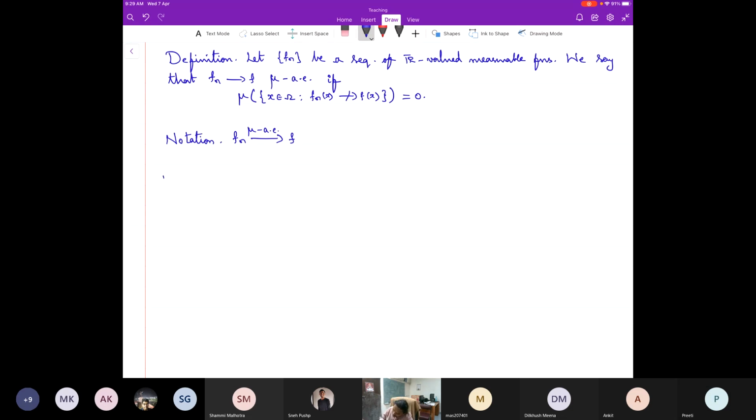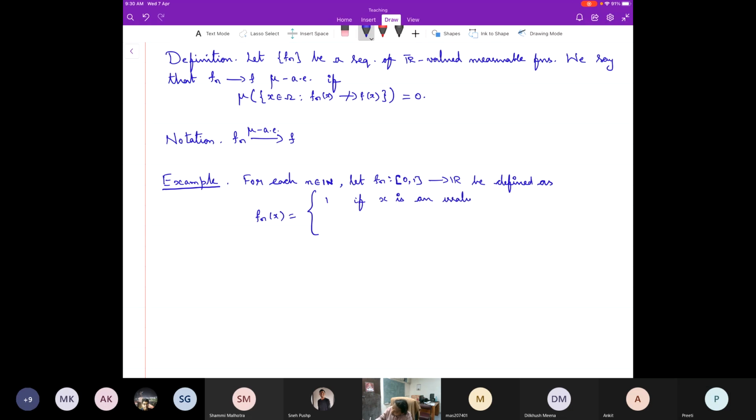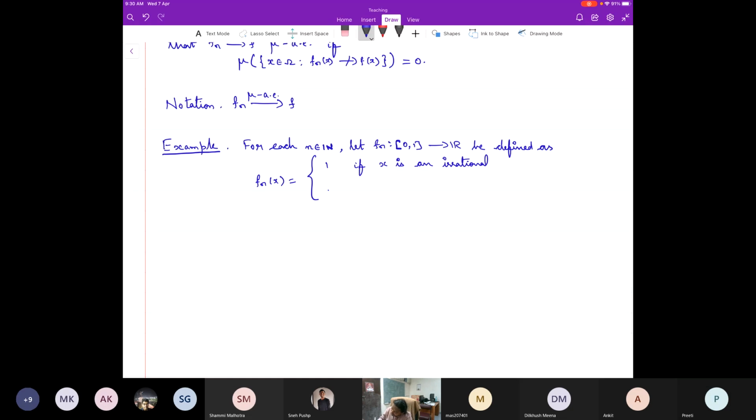Let's look at an example. For each n, let f_n from [0,1] to R be defined as f_n(x) is 1 if x is an irrational, and (-1) raised to the power n if x is a rational.